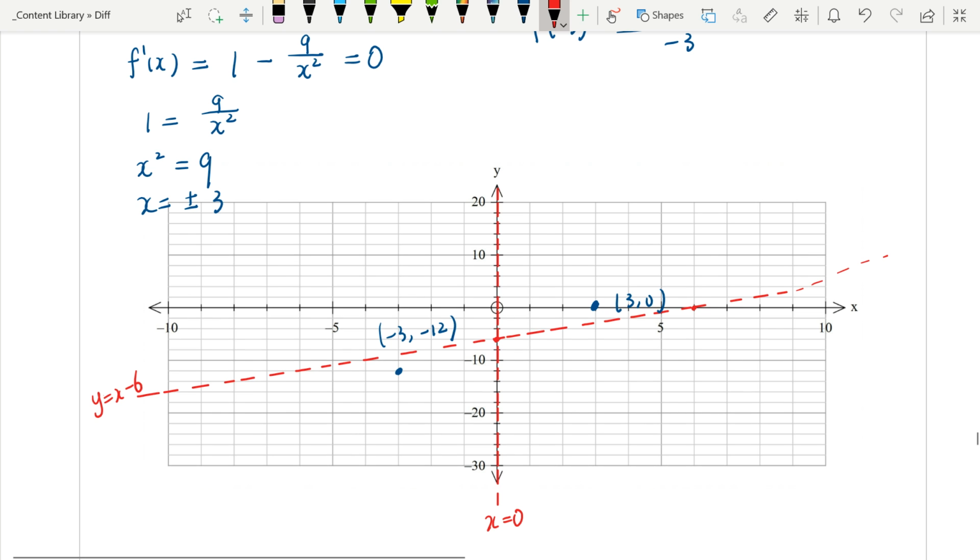Okay, what do you think the graph will look like? It's like a tick, right? The scale is not very nice.